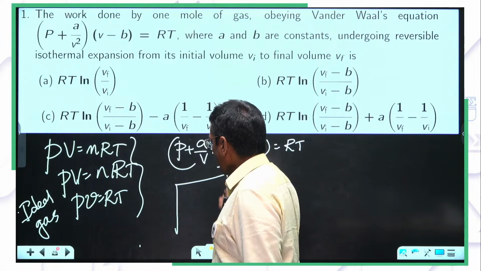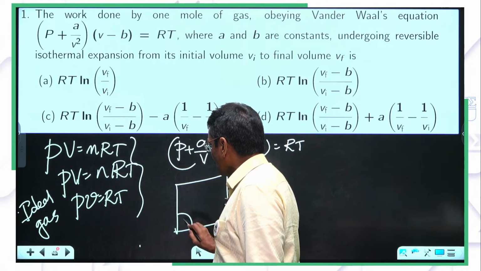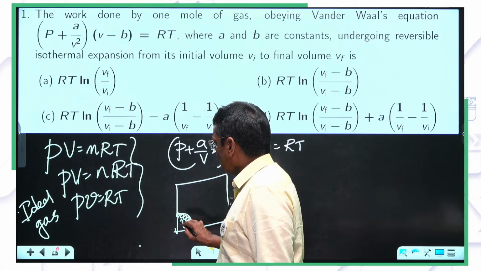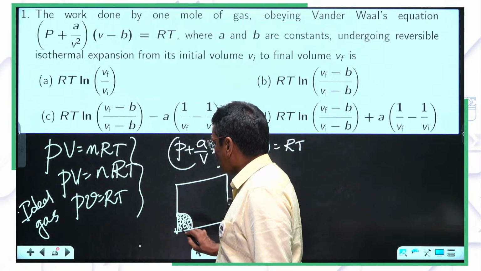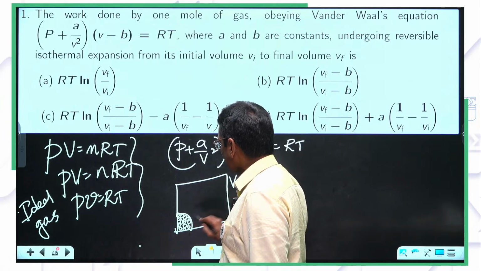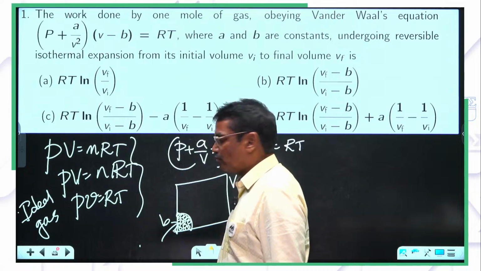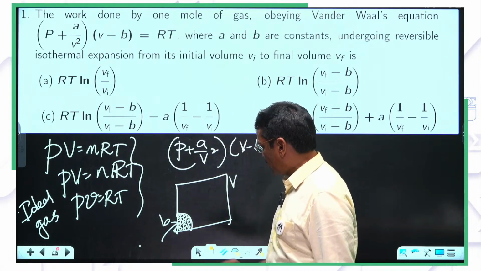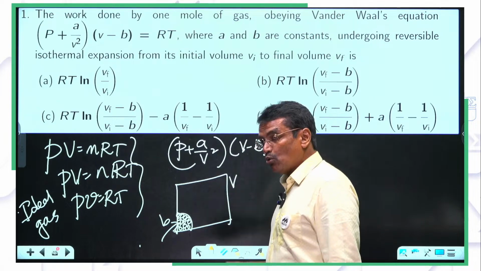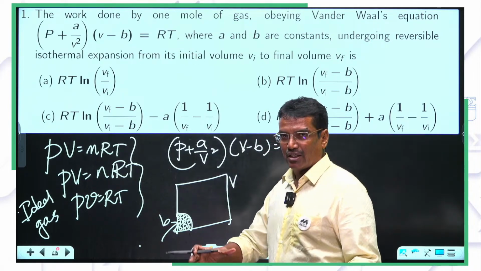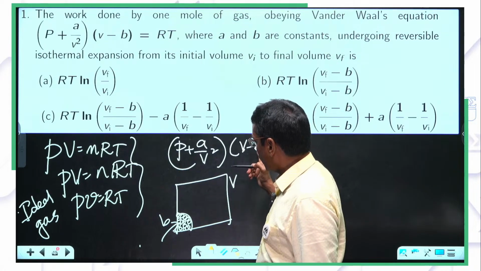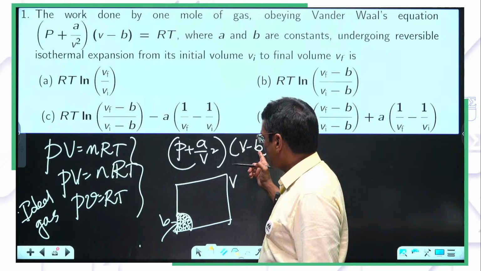Suppose you pack all the real gas molecules in one corner of the container. If V is the volume of the gas, then the volume occupied by all the packed molecules is called the co-volume, b.